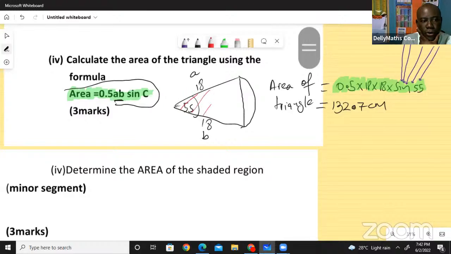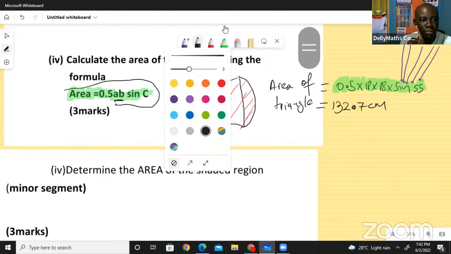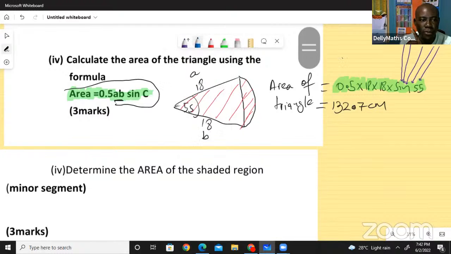Everything, everything. And then we found this in blue after, which is just a triangle. Now the shaded area was this part. Right there is what was shaded on the original diagram.